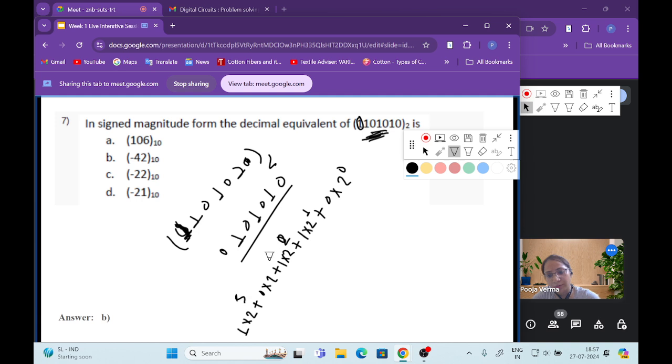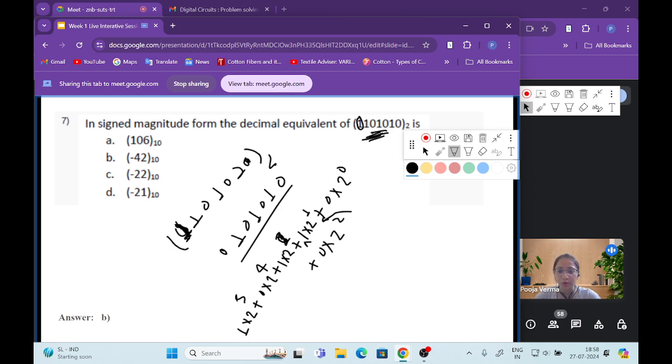So then it will be 5, then 4, 1, 0, 1. It will be the 3. Then here one place is missing, so I am writing like this: 0 into 2 to the power 2. Then again you need to come there, then it will be completed.